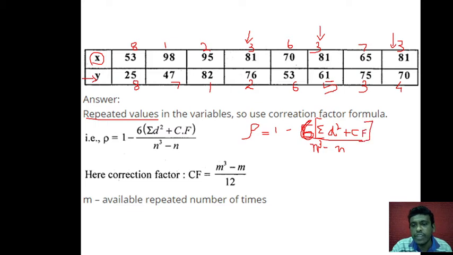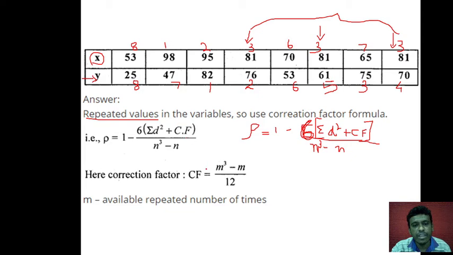Why correction factor? The correction factor comes when there are ties like this. Remember this, whenever there are ties, you have to add a correction factor to the formula. The remaining formula remains the same. So what is this correction factor?